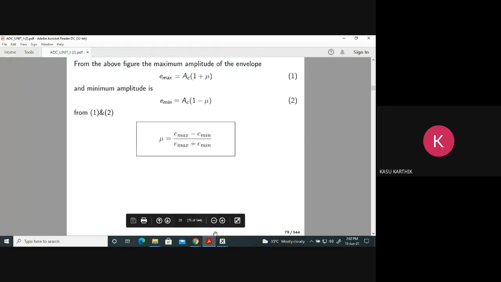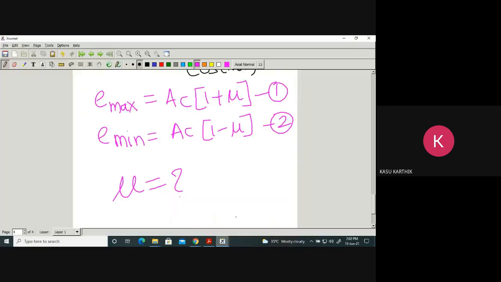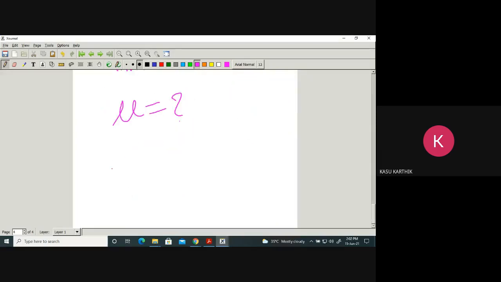If you know these two things from the graph of the AM waveform, you can simply find out mu. So this is very, very important. Mu can also be found out by using this formula: mu equals E maximum minus E minimum by E maximum plus E minimum.